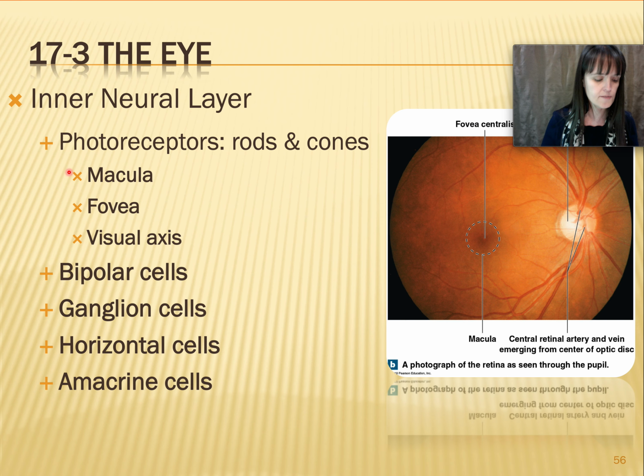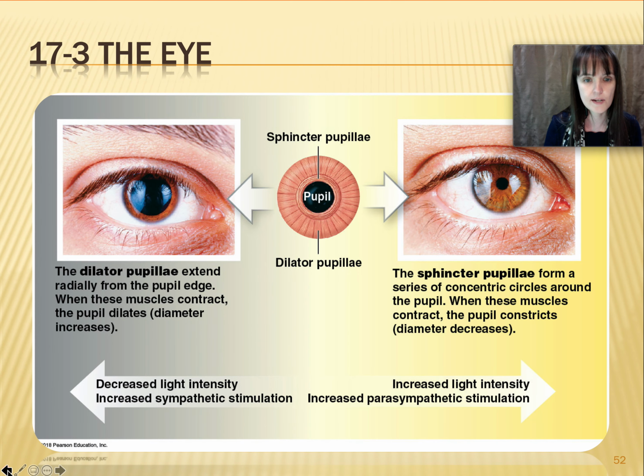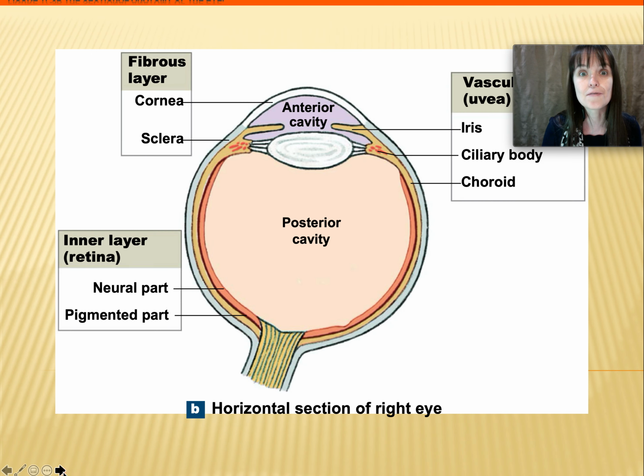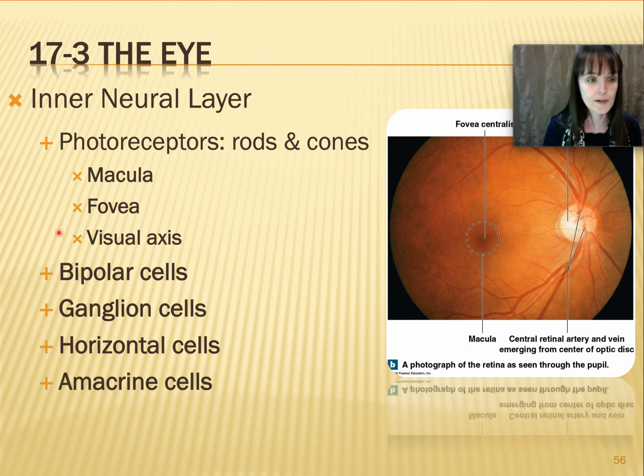The line between your fovea and what you're focusing on is the visual axis that we saw in a picture. The visual axis, what you're looking at, lined up with your fovea, which is the indentation. So that's your visual axis.